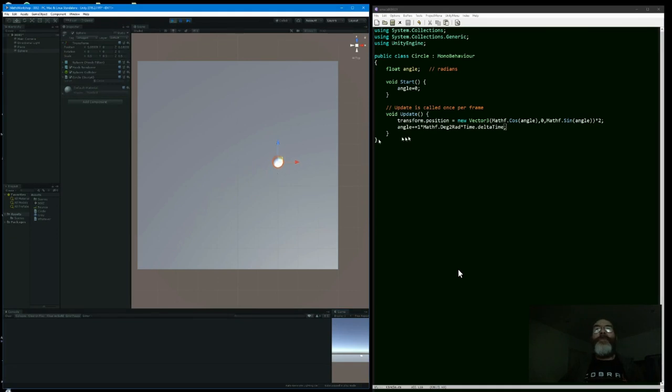It's just moving very slowly because it's moving at 1 degree per second. So it's going to take 360 seconds to go around this circle. That's rather slow. So let's pop this back up to 60 degrees per second.